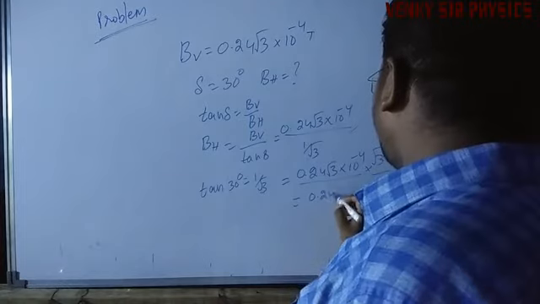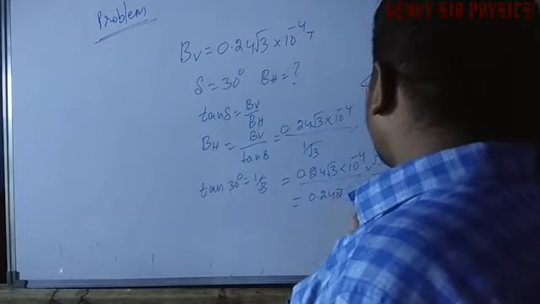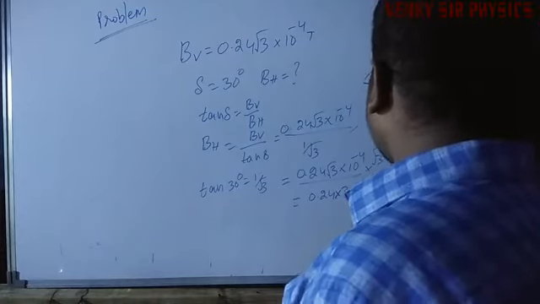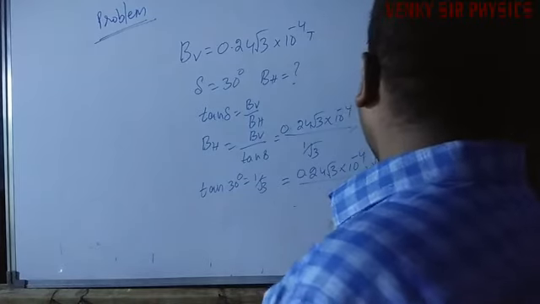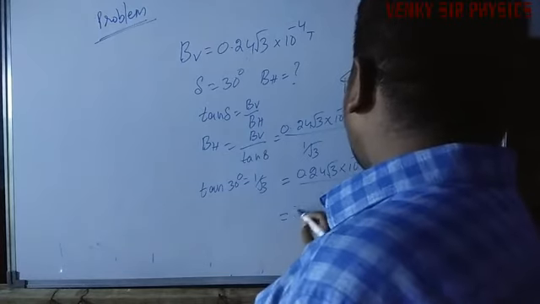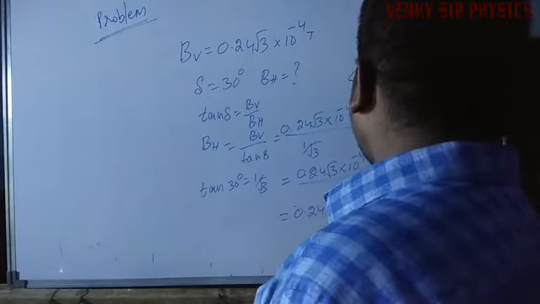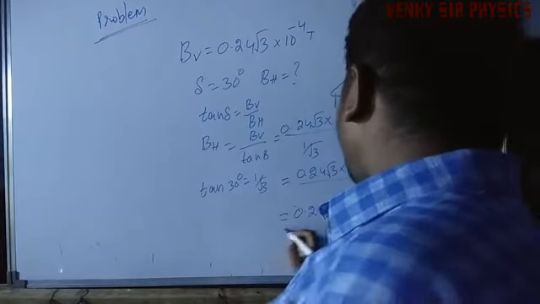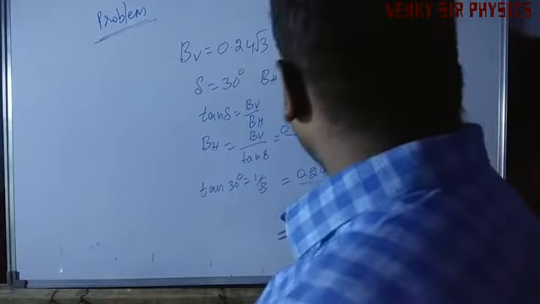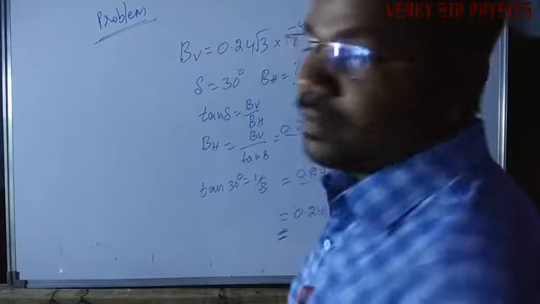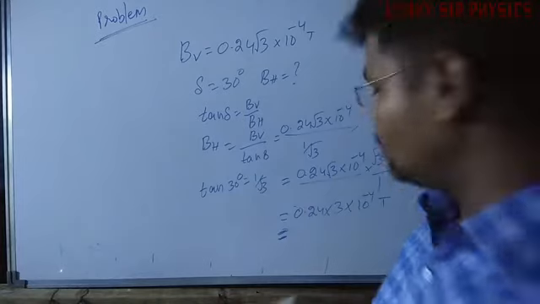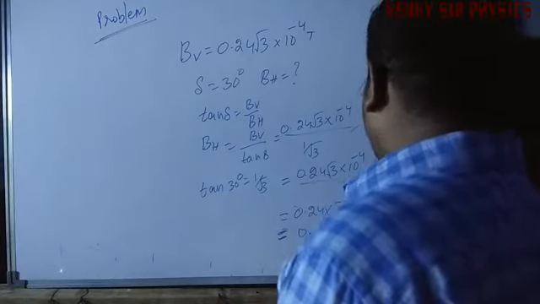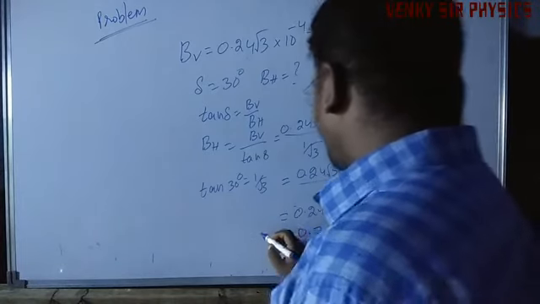Okay, 0.24 into root 3 into root 3, which is 3, into 10 power minus 4, in the form of Tesla. 0.24 into 3 becomes 0.72. 0.72 into 10 power minus 4 Tesla.